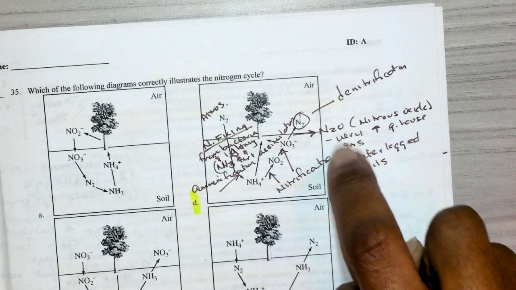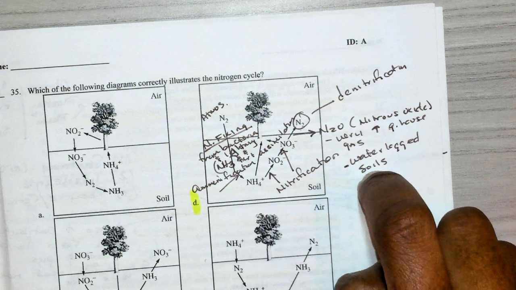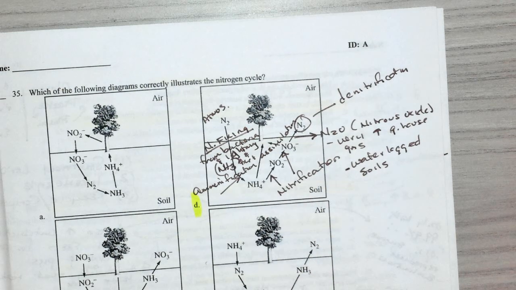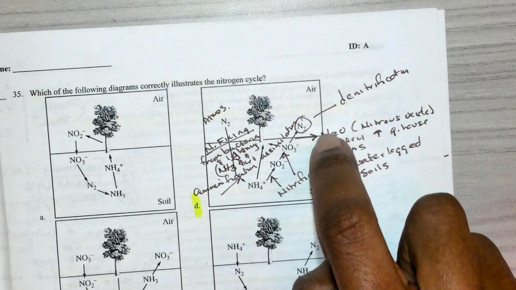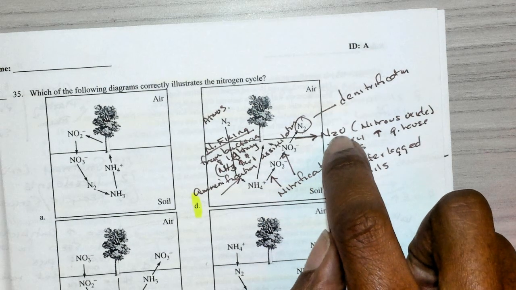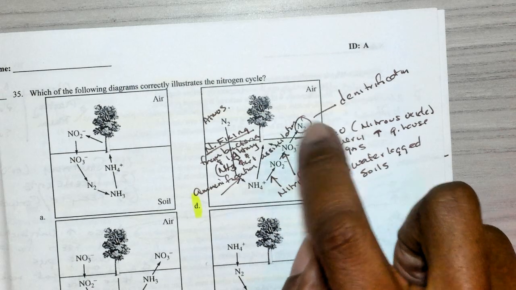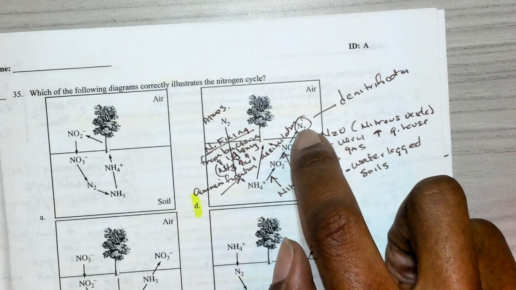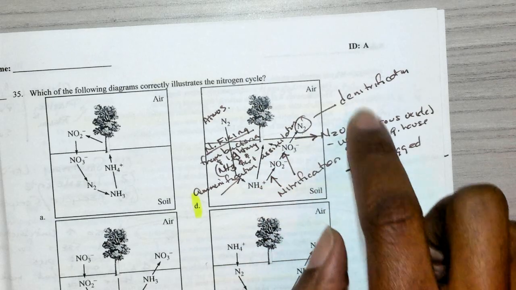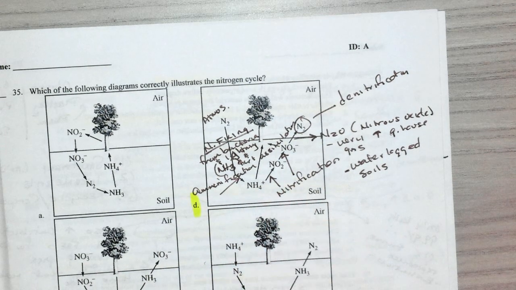A lot of this can be produced due to waterlogged soils, so when farmers overwater their soil, and that's going to be kind of the intermediate chemical that is produced prior to the N2. Okay? So you need to know your nitrogen cycle. That is the cycle of nitrogen. Alright.